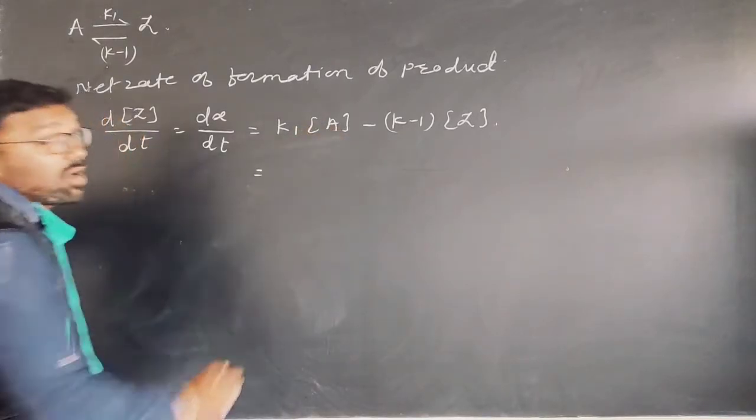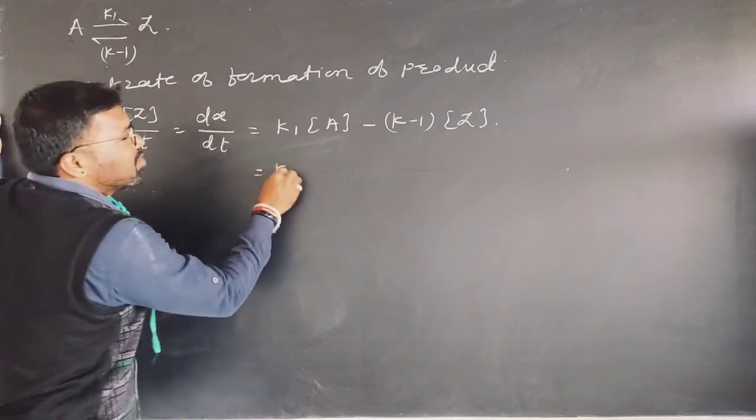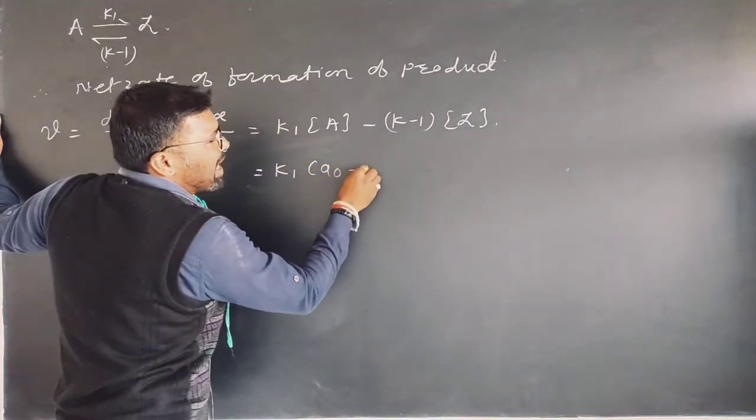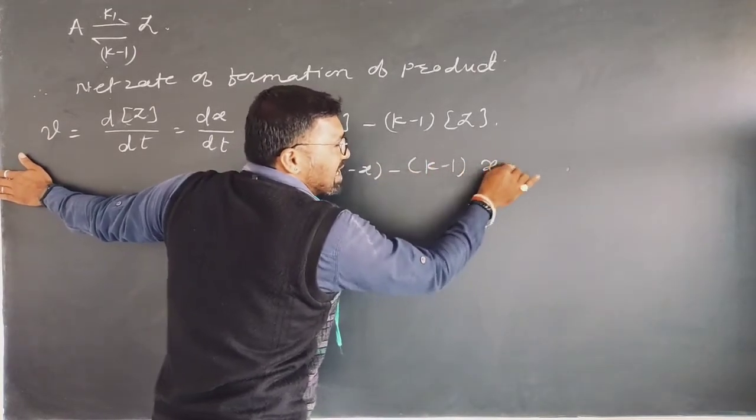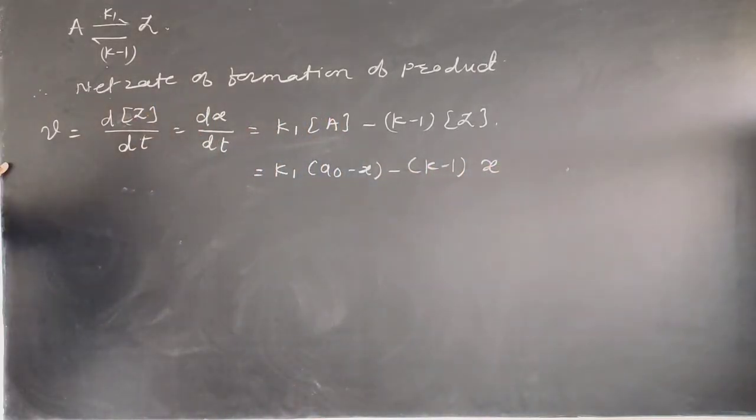What is the concentration of A at any time t? It is A0 minus x, so k1 into A0 minus x, minus k minus 1 into the concentration of Z at time t, which is nothing but the product formed, x.